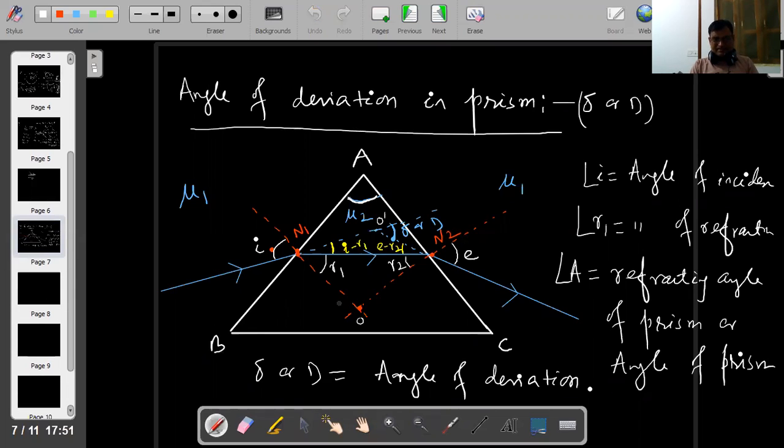So you see, in triangle O dash N1 N2, this delta is the exterior angle.